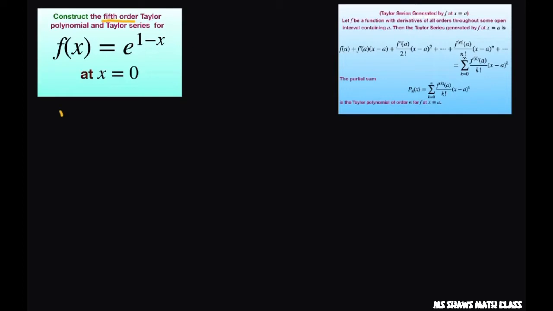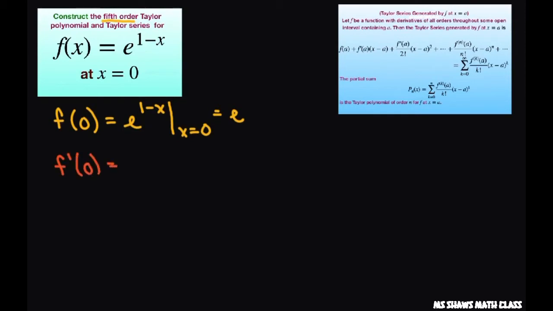First we're going to write just f of 0, and that's going to be equal to e. You just copy down your original function. We're going to evaluate this at x equals 0, and that's just going to give us e to the first power. All right, now let's take our first derivative.